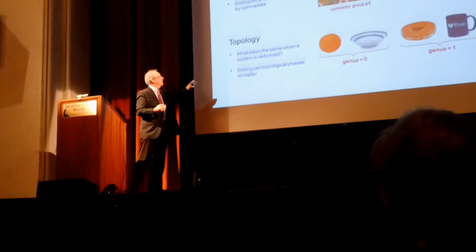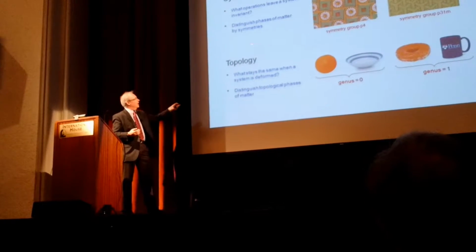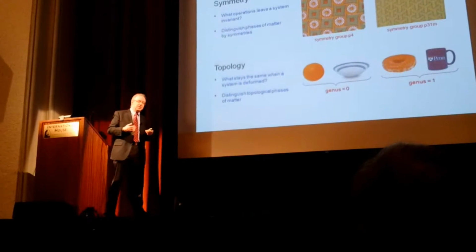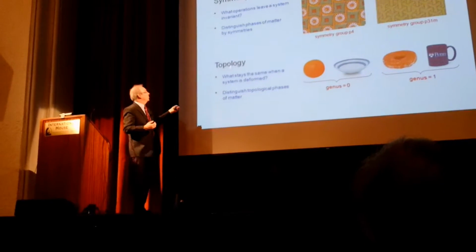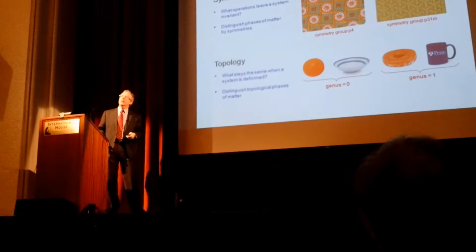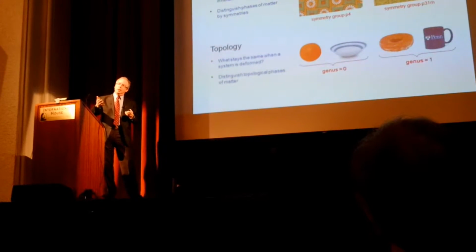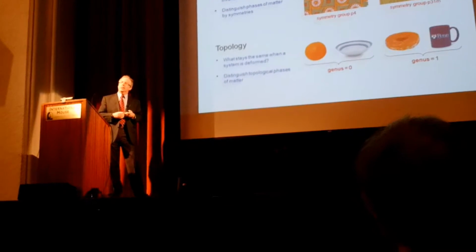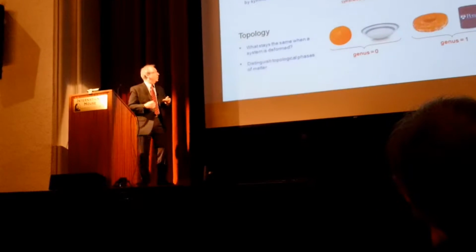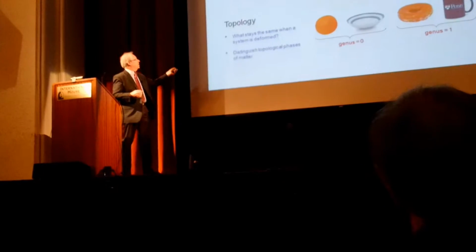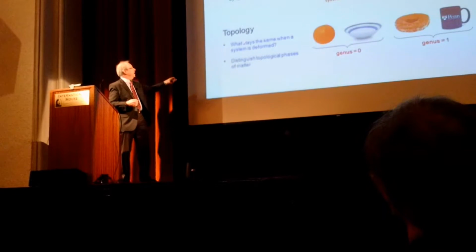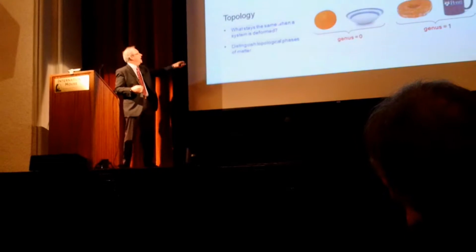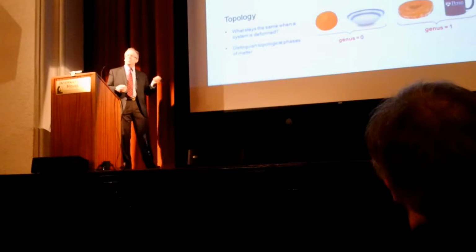Now symmetry is a very powerful tool, and what I'd like to introduce is an equally powerful tool, which is topology. This is maybe a little bit less familiar, at least in the elementary branches of physics, but topology is about, rather than asking what operations leave a system the same, what stays the same when a system is deformed.